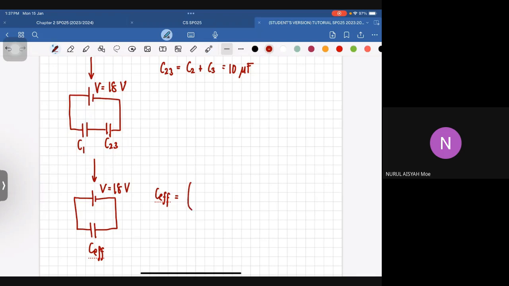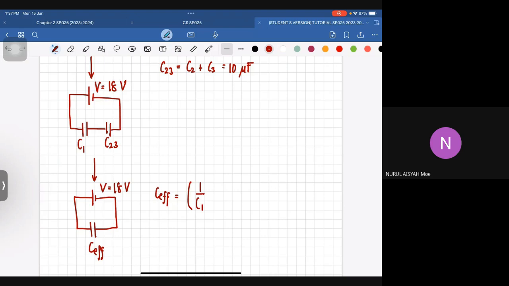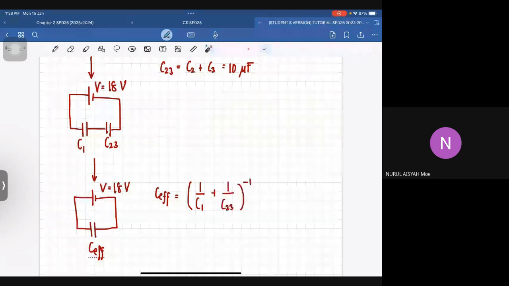So kalau saya punya equation, saya akan terus buat (1 over C1 plus 1 over C2,3) to the power of negative 1. Okay, so to the power of negative 1 ni is telling us that this is 1 over the whole thing.